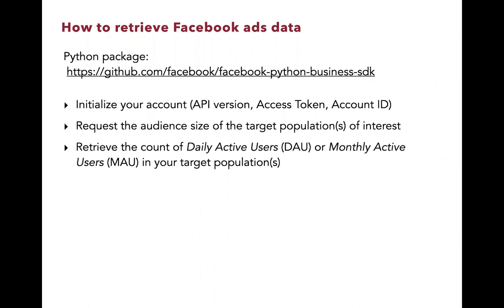Then you select the target options, the target populations you are interested in, according to the options we've seen before. And then you get the total audience size in the form of either daily active users or monthly active users. But usually the daily active users is less stable over time and subject to change. So it's usually recommended to collect the monthly active users in this case.